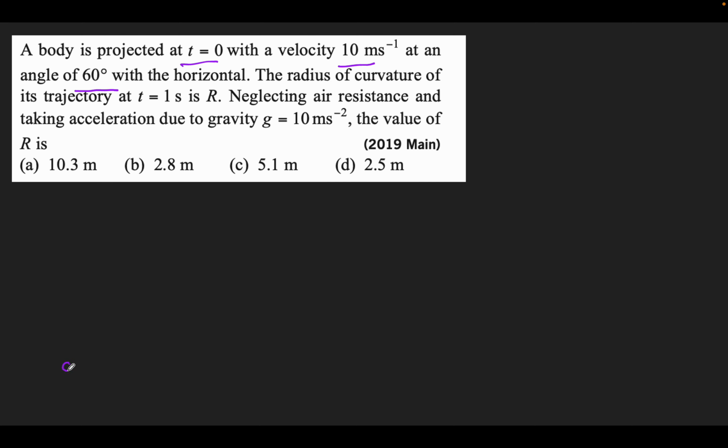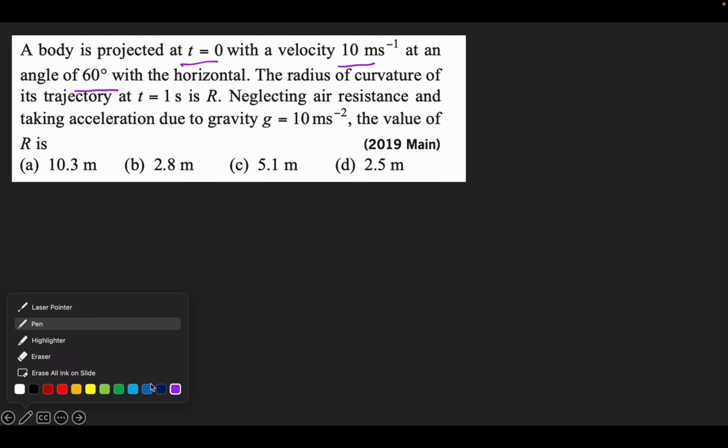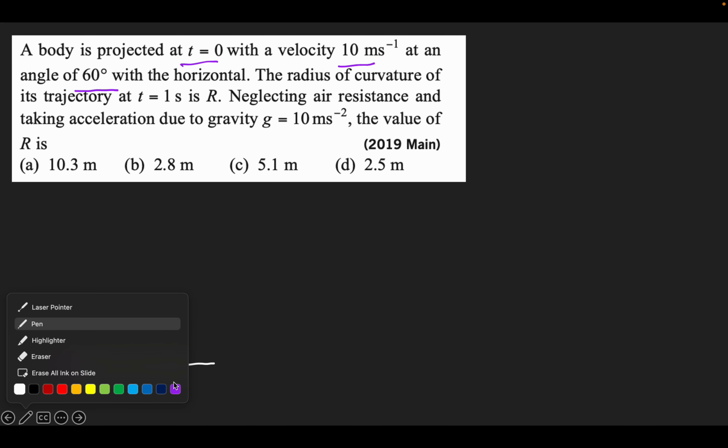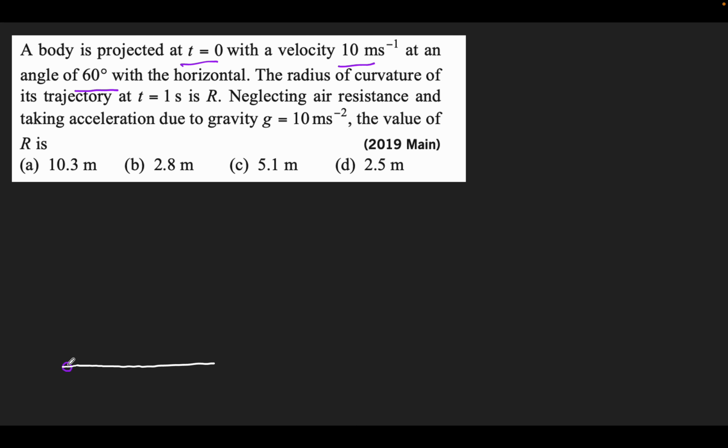Okay, so let this be the body, and let this be the horizontal, and this body is projected at an angle of 60 degree with the horizontal. It was projected at an angle of 60 degree with the horizontal, and it went like this.